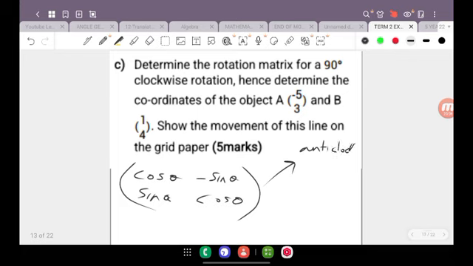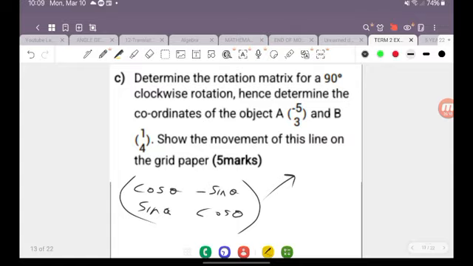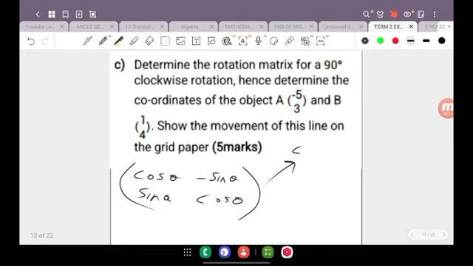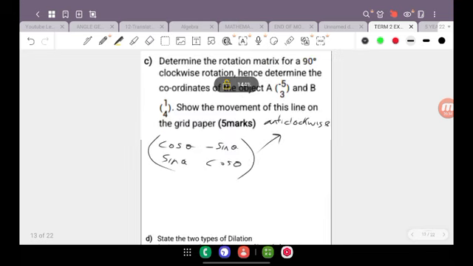Most times when rotation takes place, it takes place in a counter or anti-clockwise direction. So this is going to be your anti-clockwise rotation formula. So you might then be curious as to what would be the clockwise rotation, because if this is the counterclockwise rotation formula, what then would be the clockwise rotation?